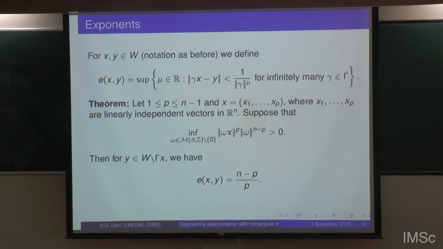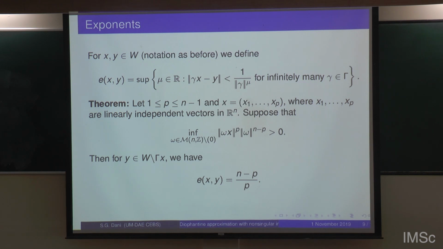Suppose that for any non-zero integral matrix omega, the infimum of norm of omega x raised to p times norm of omega raised to n minus p is greater than 0. That's the condition which holds the key for the results. Then for all y which are not in the orbit of x, the exponent is n minus p by p.